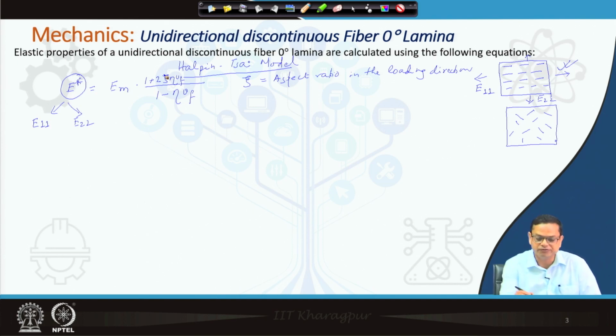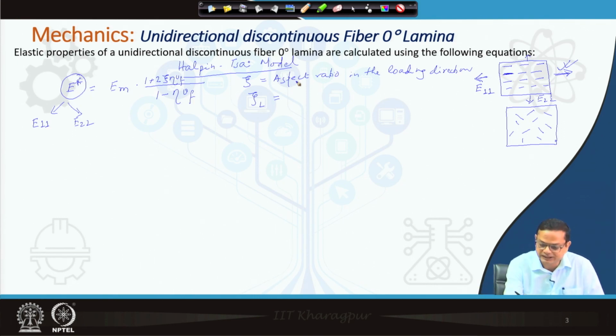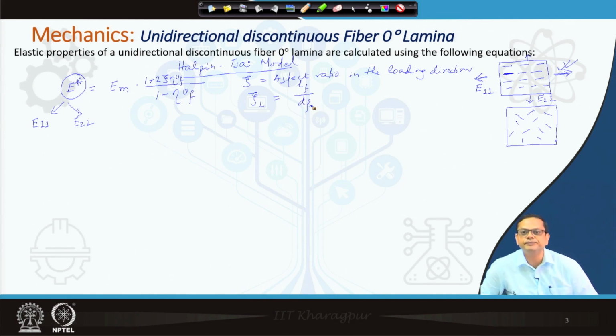For example, if we are applying longitudinal loading, then xi longitudinal would be equal to, now you can understand, the aspect ratio of a fiber in this particular direction, which is longitudinal loading. Concentrating on one fiber, its aspect ratio will be Lf over df, where Lf is the length of the fiber and df is the diameter of the fiber.